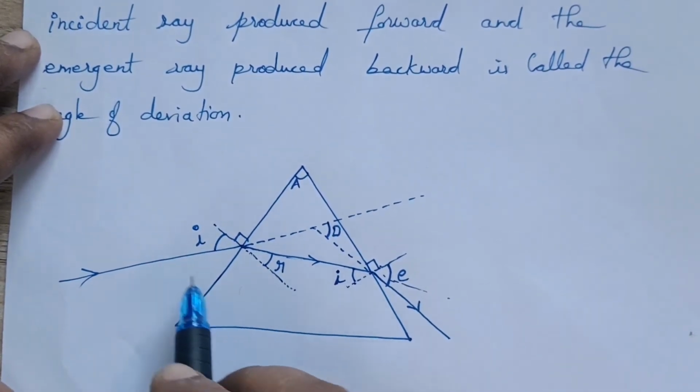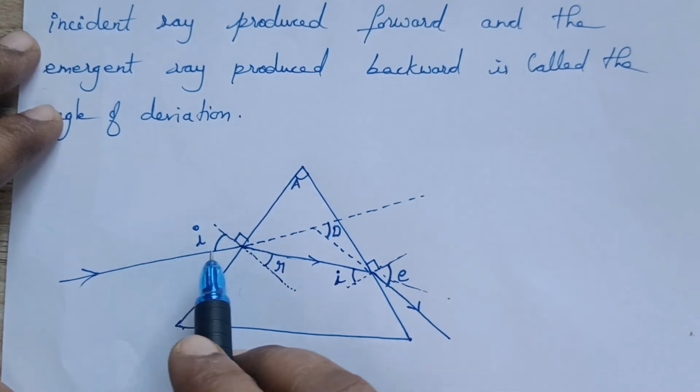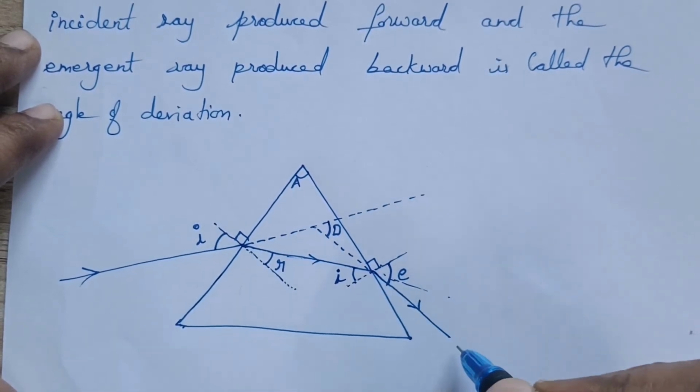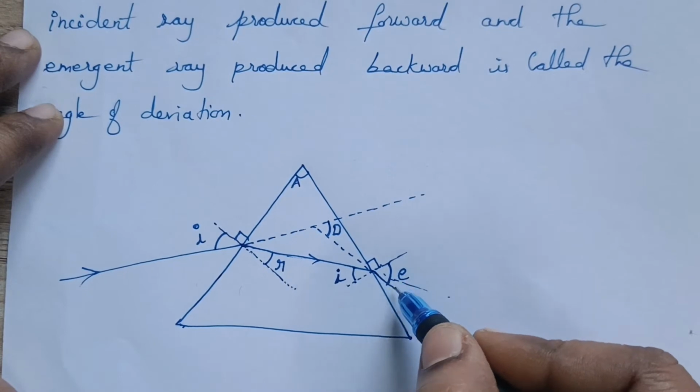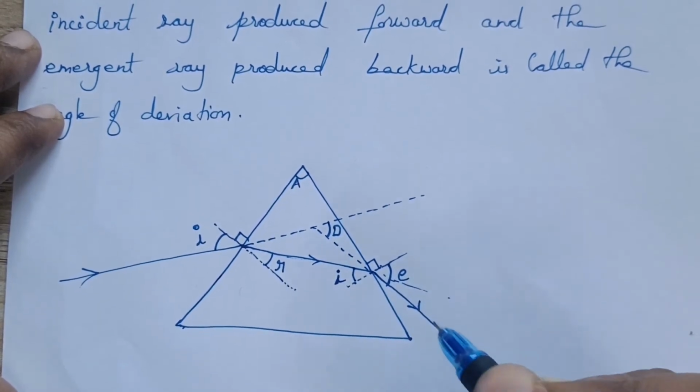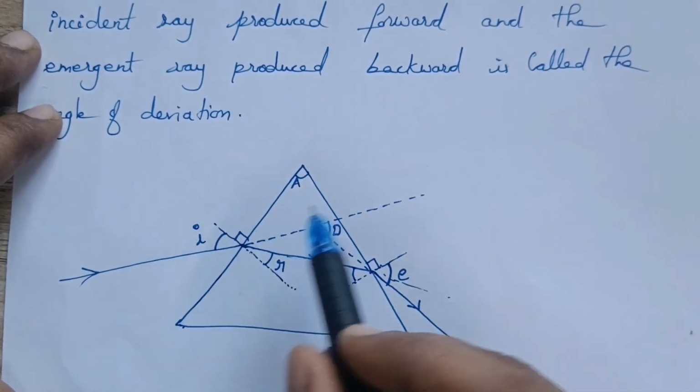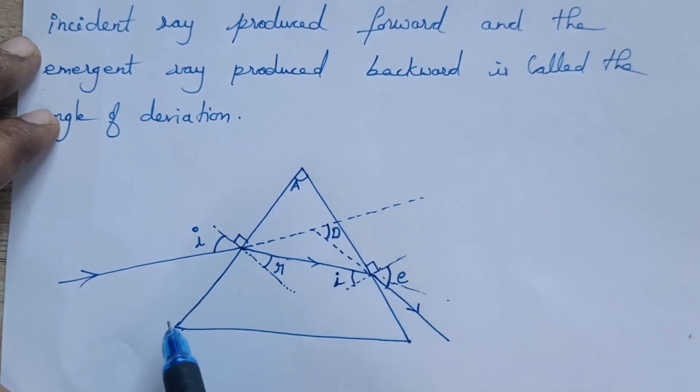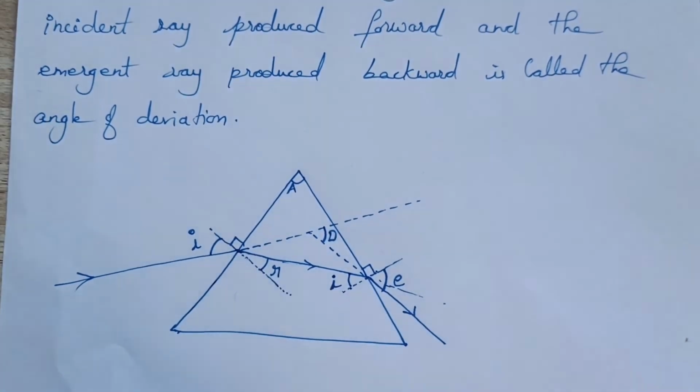In a prism, the deviation will always be towards the base. It is always refracted towards the base. So what is happening here? Two refractions are taking place.